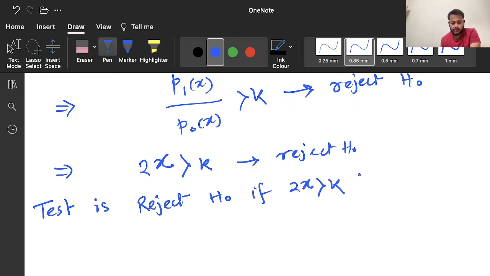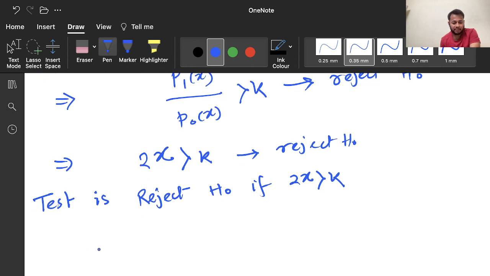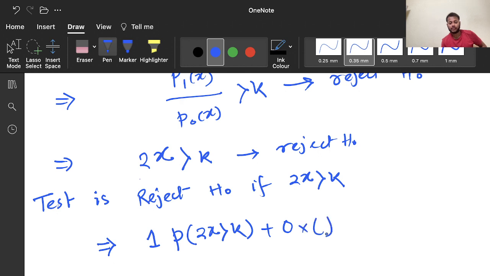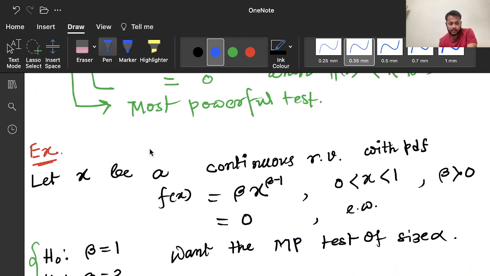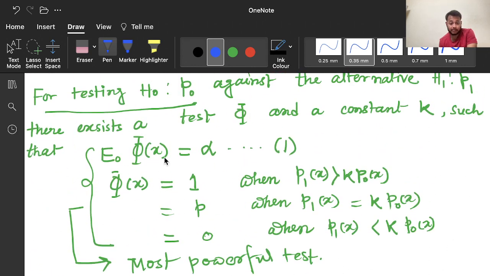Now what will be the expectation value of this test? That will be probability 1 when we reject the null hypothesis, and 0 when this is not true, 0 into something. Now this does not contribute, and we know that this is equal to alpha, because from the Neyman-Pearson lemma we know that the expectation of this test is alpha.